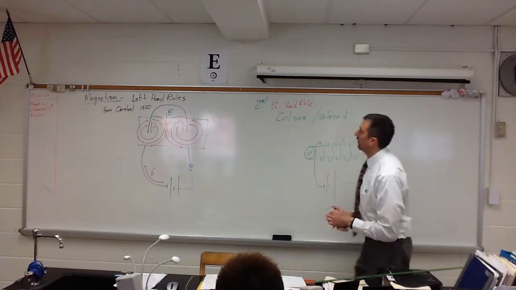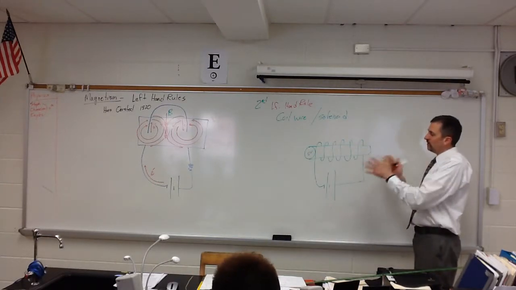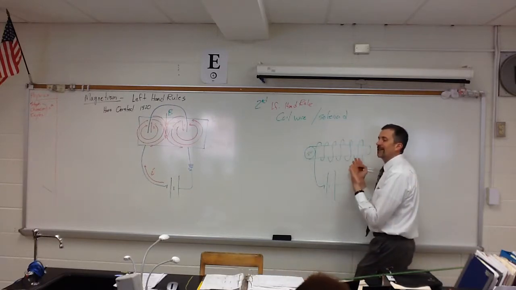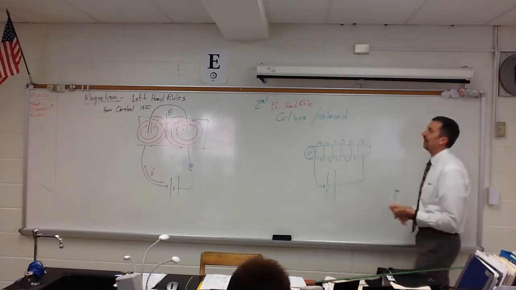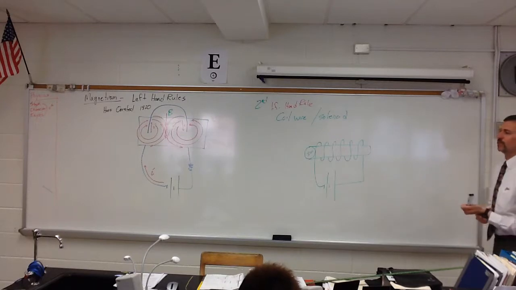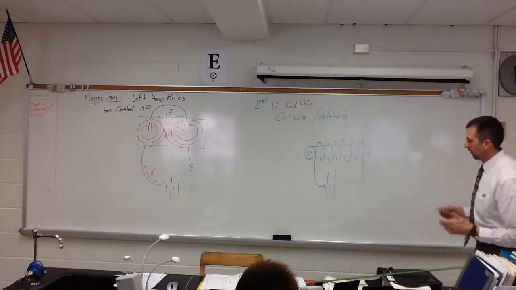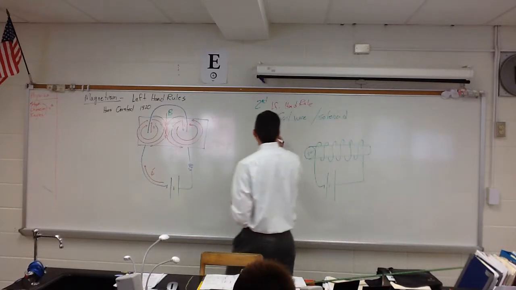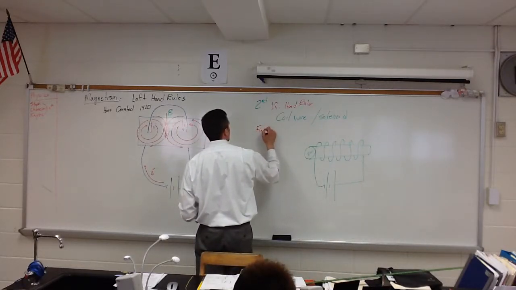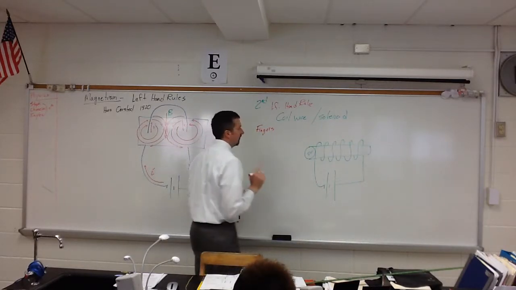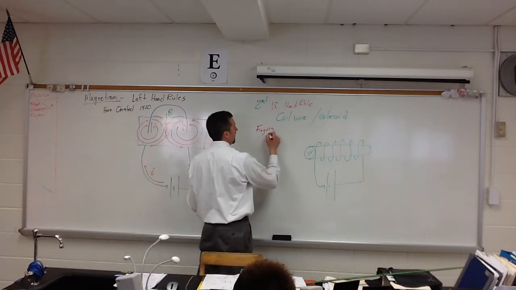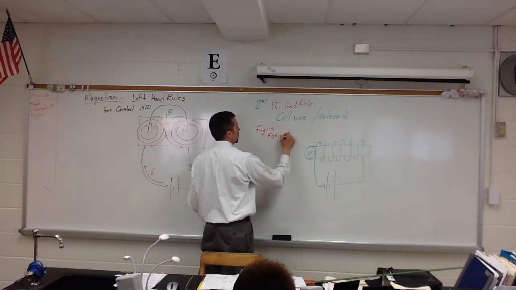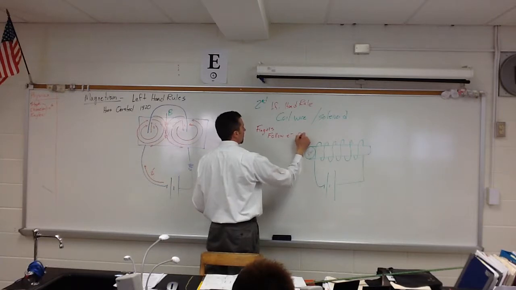But my question is, which end of the iron is the north and which end is the south? And that's where the second left-hand rule comes in. So here's what you do. On the second left-hand rule, you start with your fingers, and your fingers follow the electron flow.